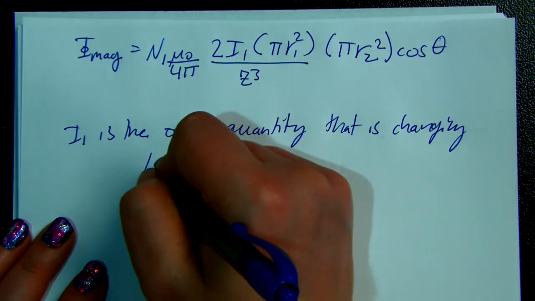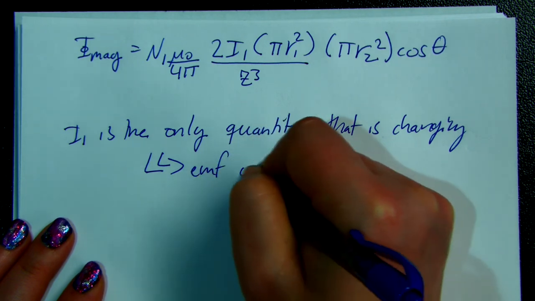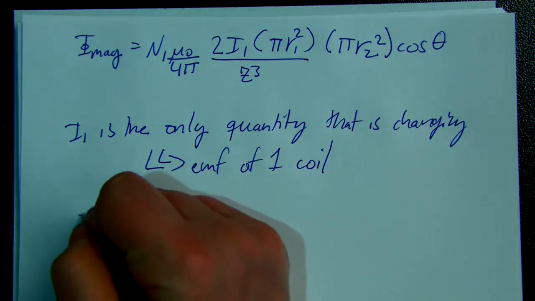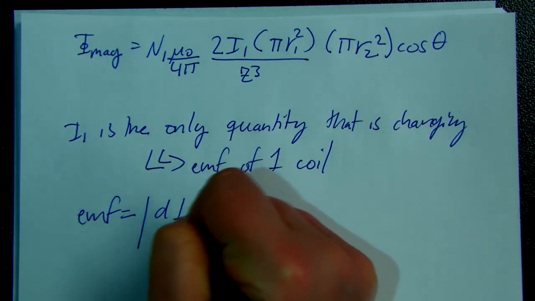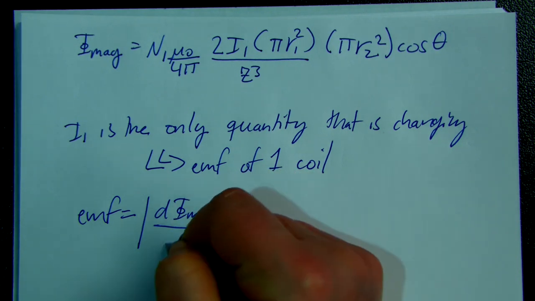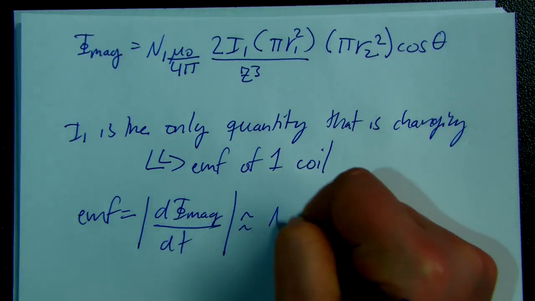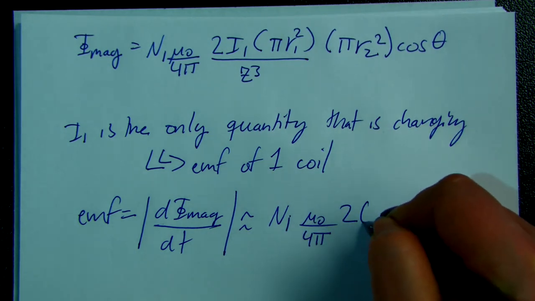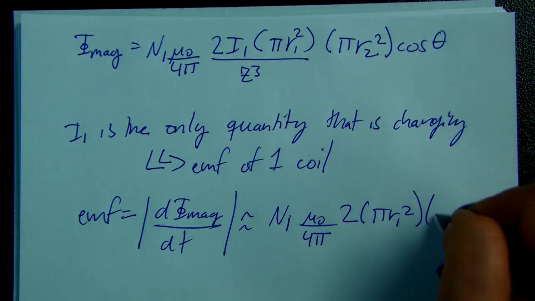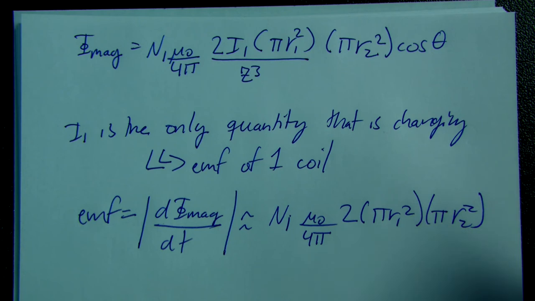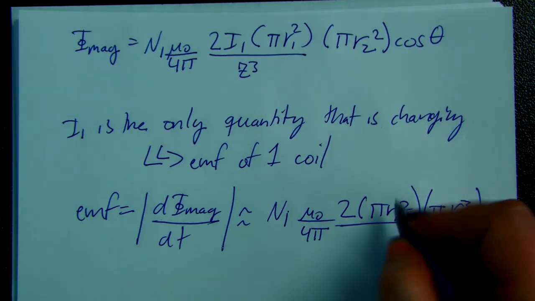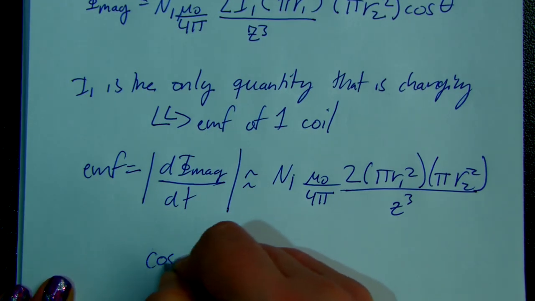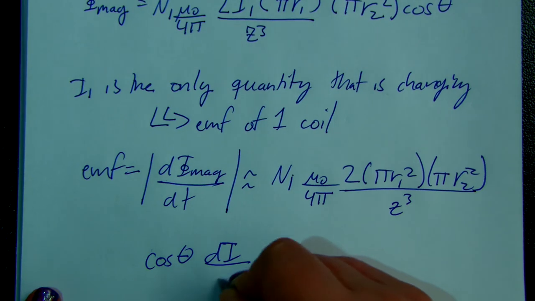So we can go after the EMF of one coil. So EMF is the time varying magnetic flux, N1 mu naught over 4 pi, 2 pi r1 squared, pi r2 squared over z cubed, cosine theta dI/dt.